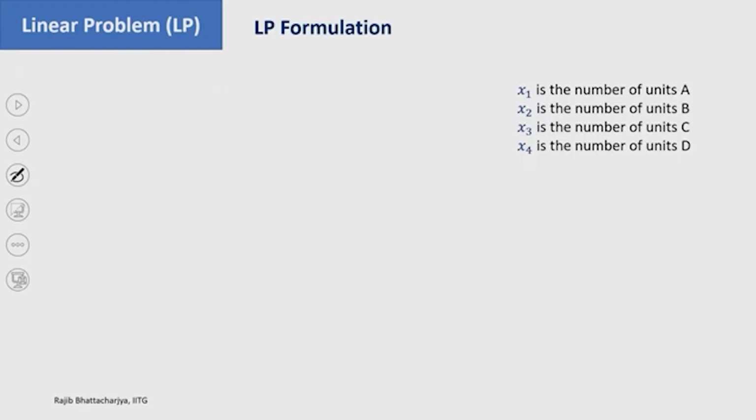Now, let us take the variables. We have x1. So, x1 is the number of units of A. I would like to produce x1 units of A, then x2 is the number of units of B, x3 is the number of units of C and x4 is the number of units of D.